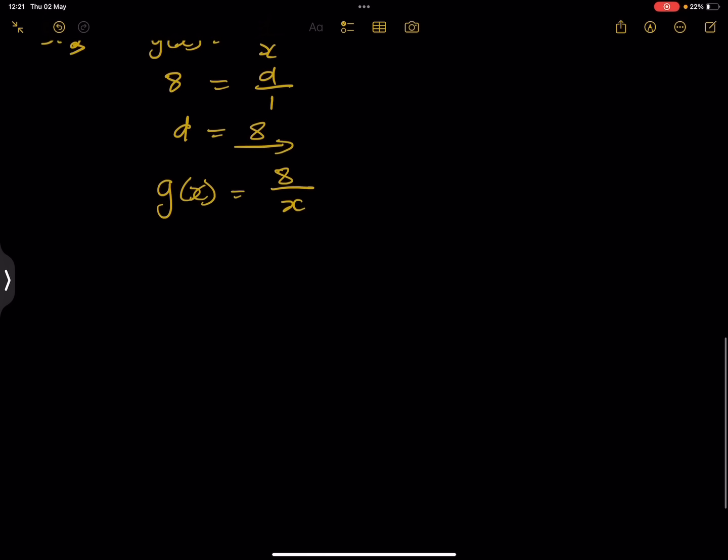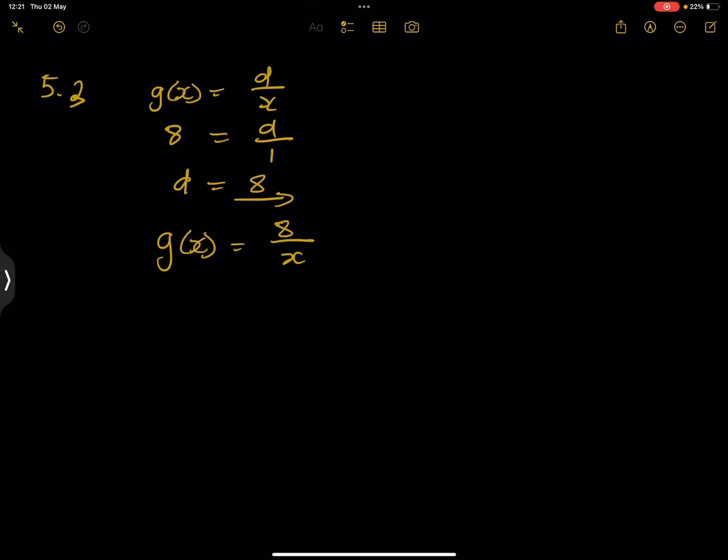So we will therefore say that y is an element of real numbers, however y cannot be equal to 0. Remember that the value of our horizontal asymptote is 0 in this case, as I've indicated there. So it therefore means that it cannot be equal to 0.